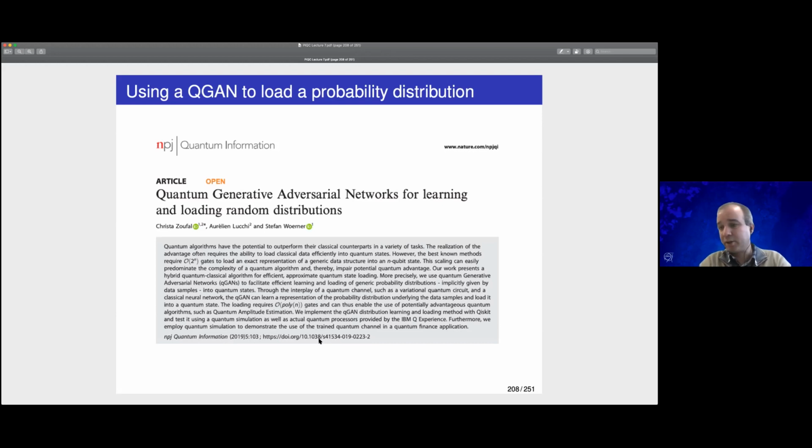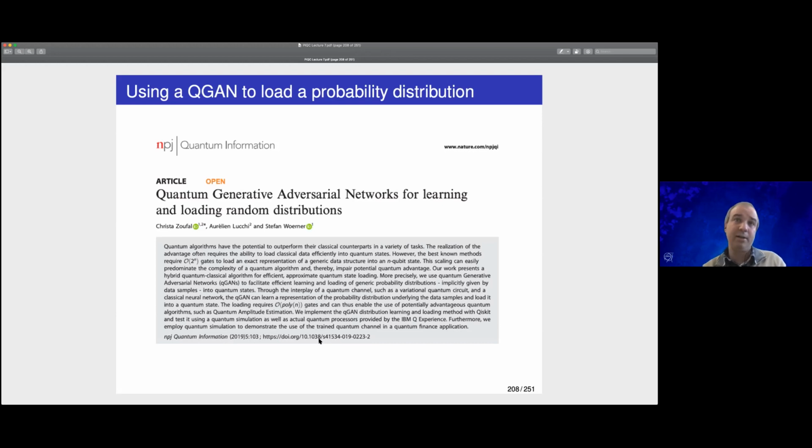In this case, it's not images, although I will show you an example. There are proposals to use this to generate images, but in this case, what these researchers did was to have an initial probability distribution, and then to learn how to sample from this kind of distribution with a quantum generative adversarial network, okay?